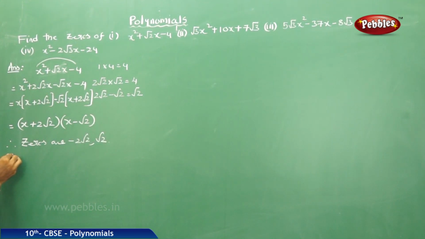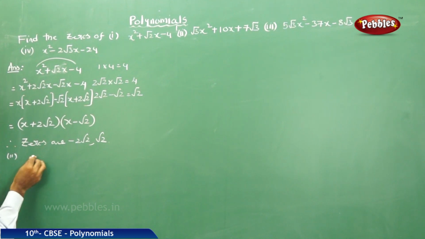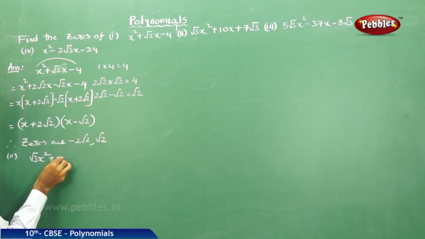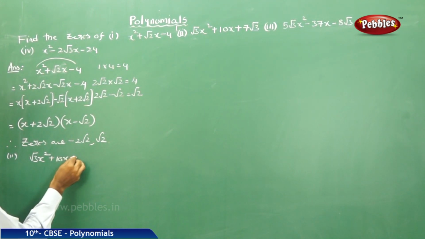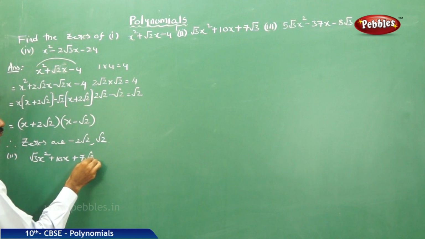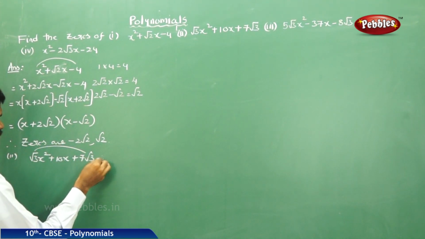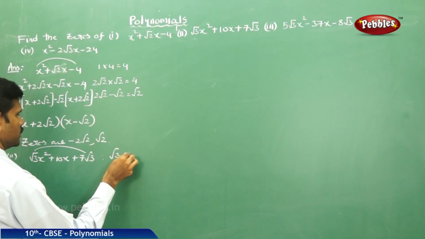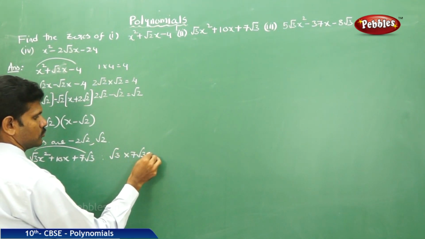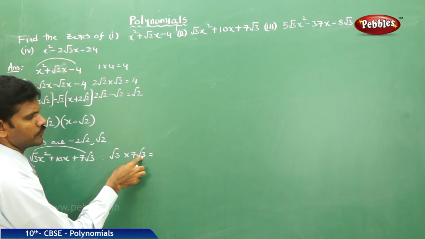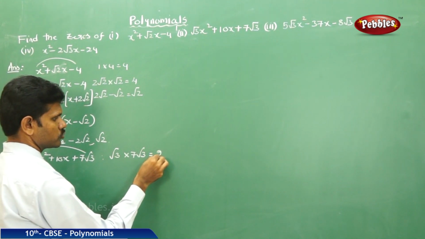Next come to the second question, that is root 3 x square plus 10x plus 7 root 3. Now give the mapping, that is root 3 into 7 root 3, that is equal to root 3 into root 3, you know very well 3, that is 7 threes are 21.